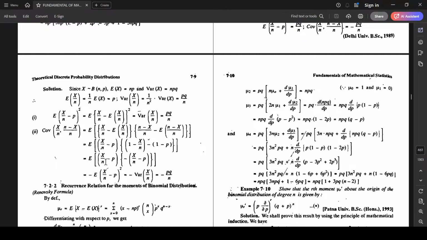This will become xn square, and this will change both of the signs, so it will be p minus xn, and here it will be xn minus p.